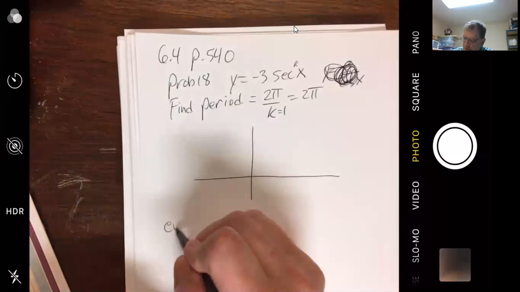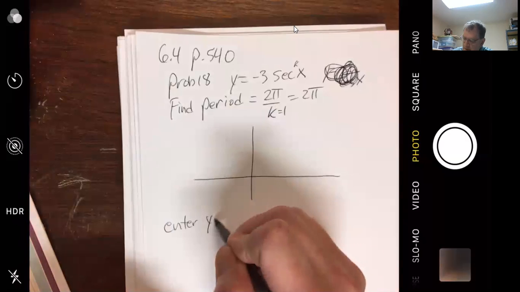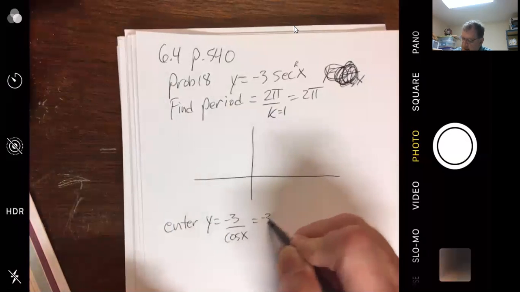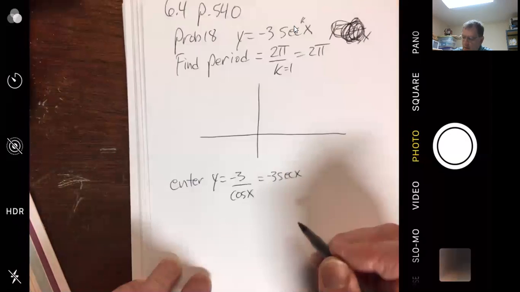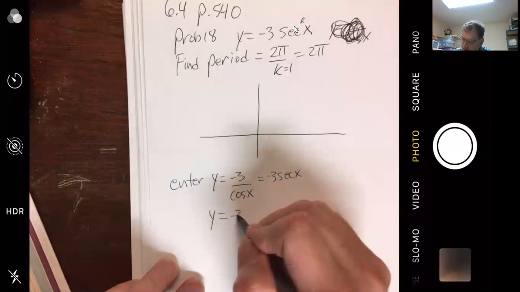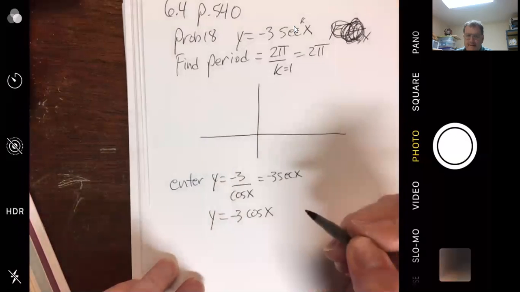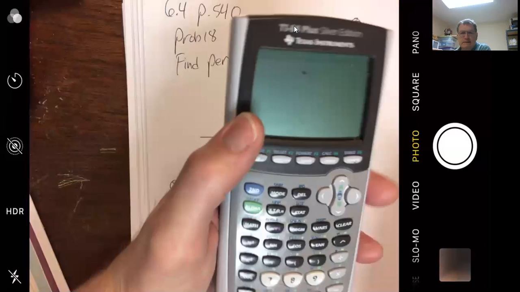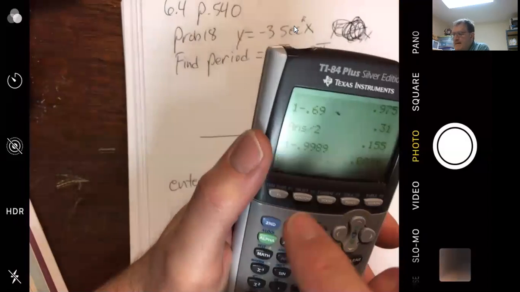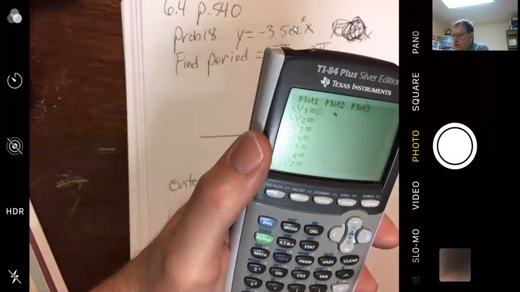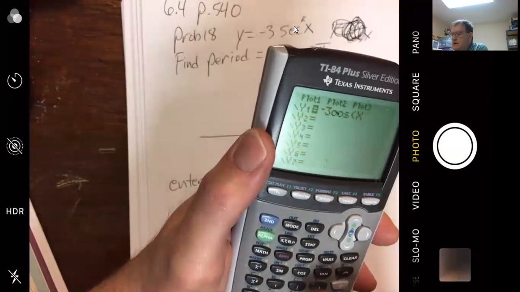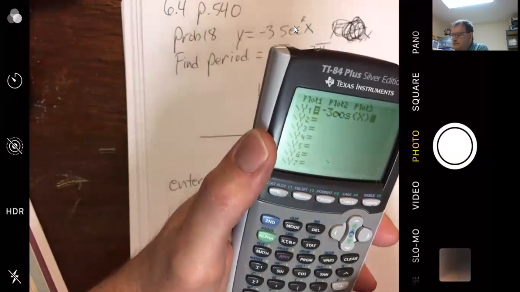All right, so we enter -3 over cosine x. That's equal to -3 secant x. And we also enter y equals -3 cosine. I'll do the -3 cosine of x first.